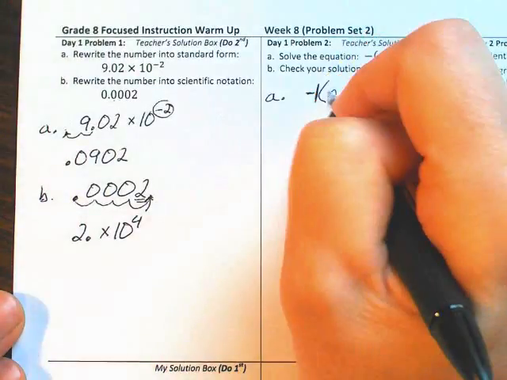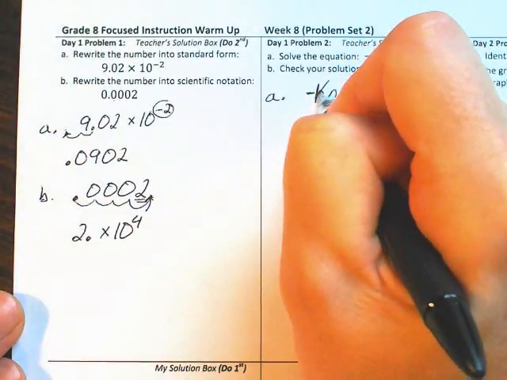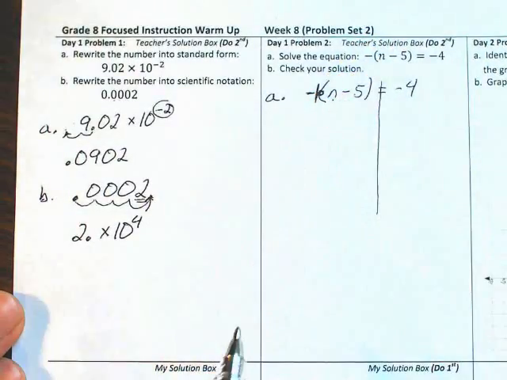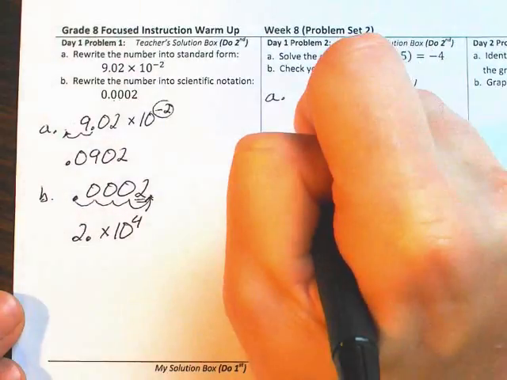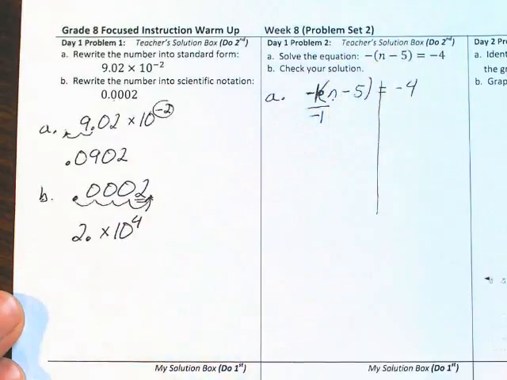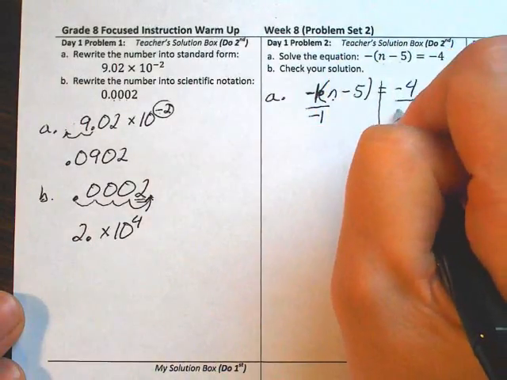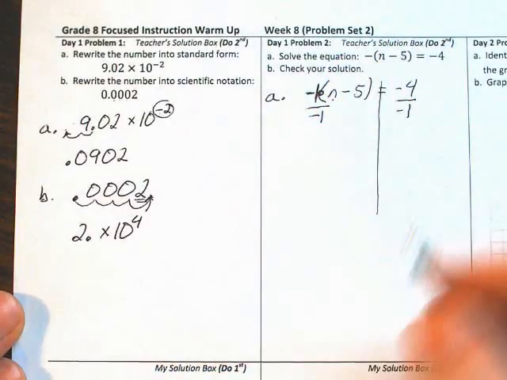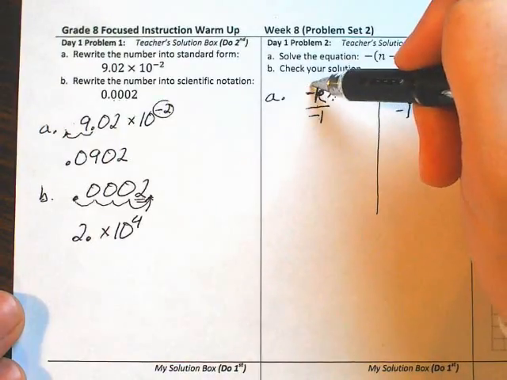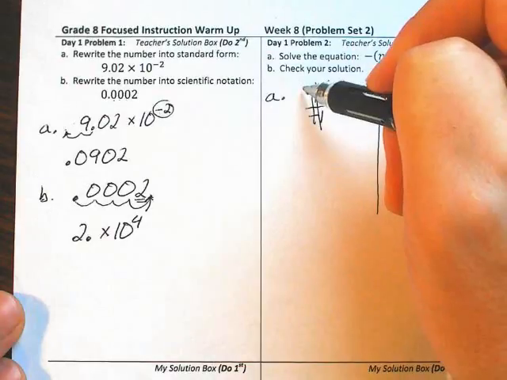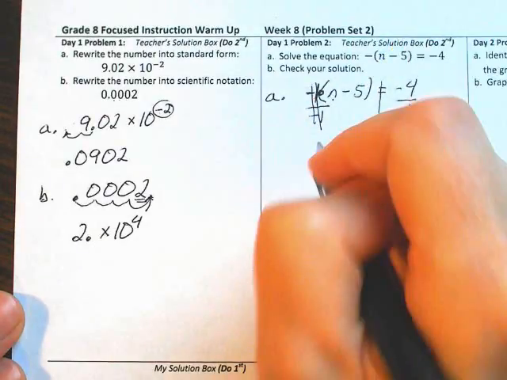Because that -1 is being multiplied to the quantity in parentheses, we can remove the -1 using division. So divide by -1 on the left side of the equals, and divide by -1 on the right side of the equals. -1 divided by -1 cancels away, creating essentially a 1.